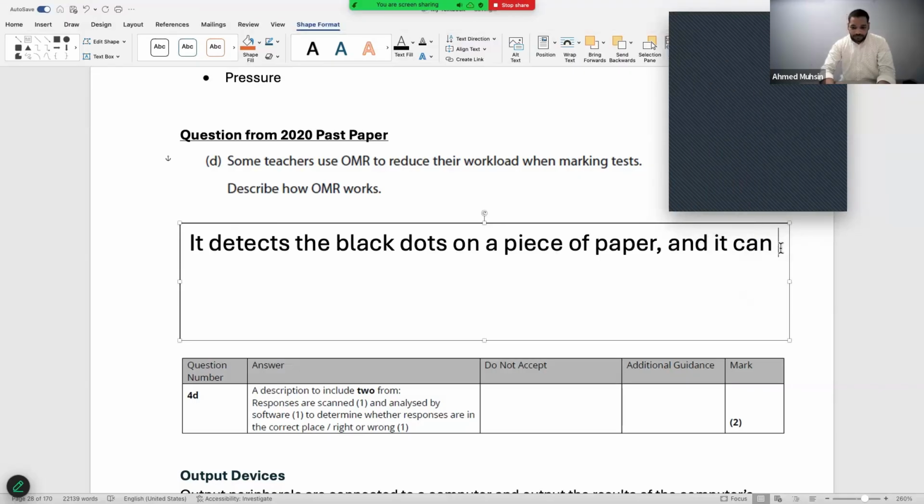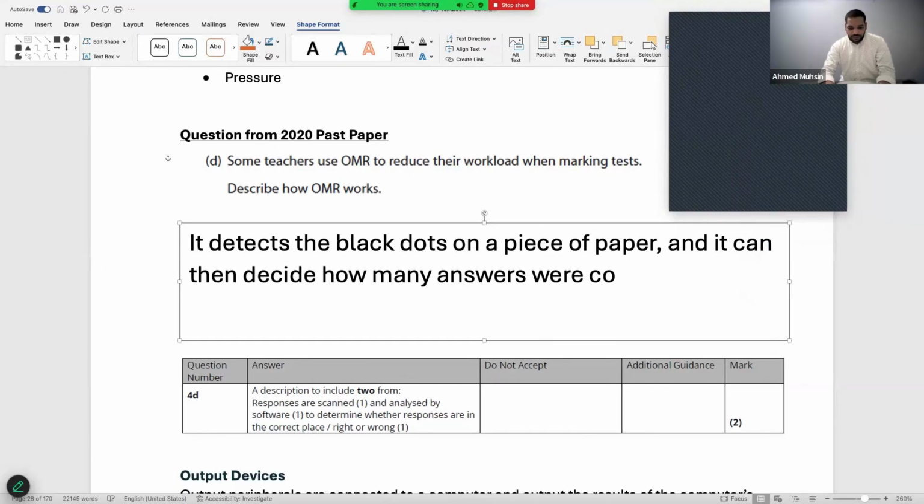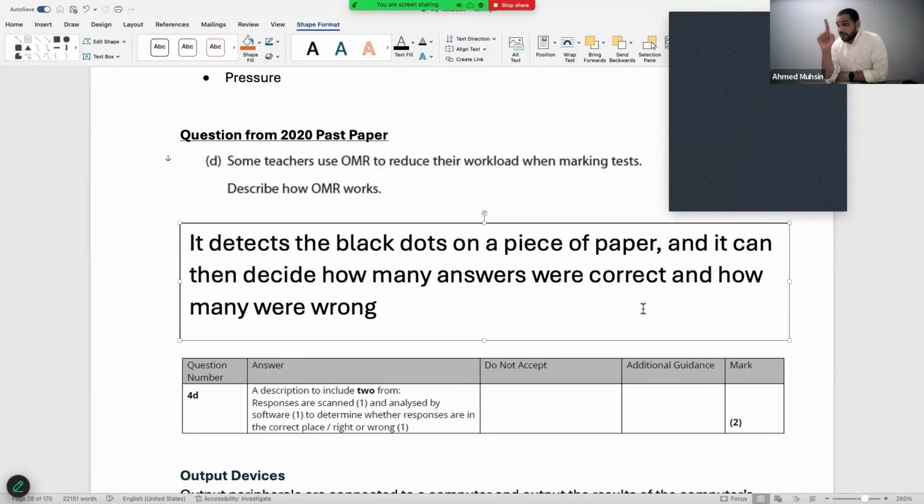Exactly, it can then decide how many answers were correct and how many were wrong. So after detecting where the user has placed the black dots on the paper, it can say how many of them were placed in the right place and how many in the wrong place. So this is the user's final grade. Okay.